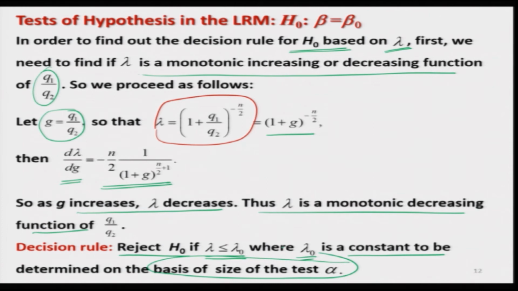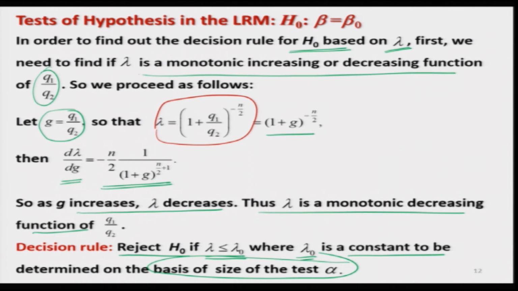So, we are assuming that the size of the test is alpha, and based on that we have to find the value of lambda naught, and lambda naught is a constant. That is a very standard rule in the likelihood ratio test. In case you are not aware or you have forgotten this, I would request you to pick up a book of statistical inference and read about the likelihood ratio test.